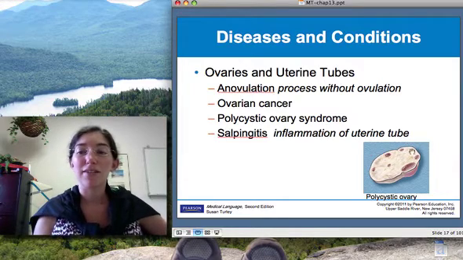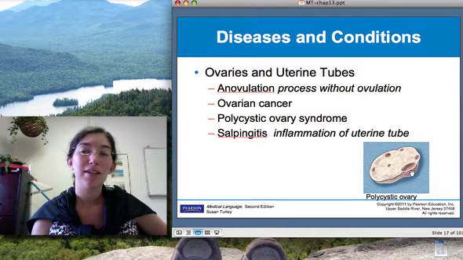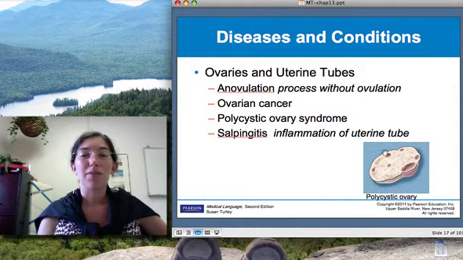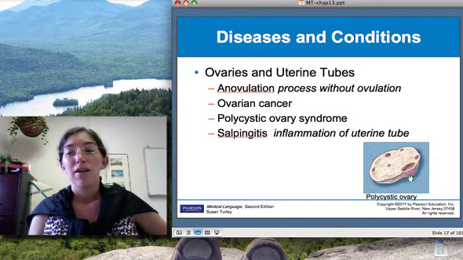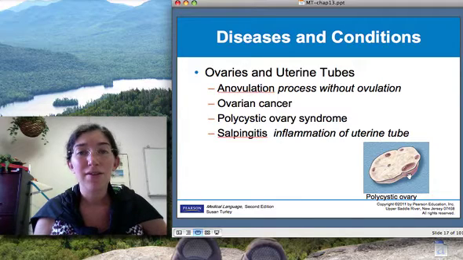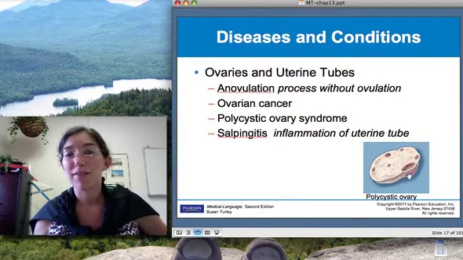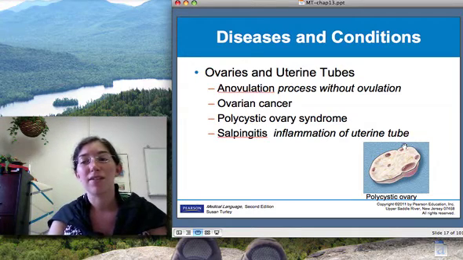Here's an example picture of a polycystic ovary, an ovary that has many cysts. Polycystic ovary syndrome is thought to involve cysts that produce excess testosterone and can cause hormonal imbalances that lead to things like excessive hairiness, and also can cause anovulation.